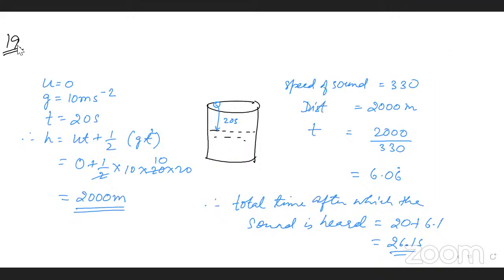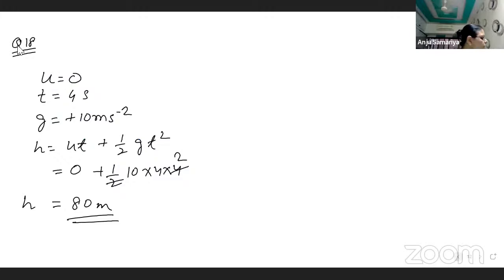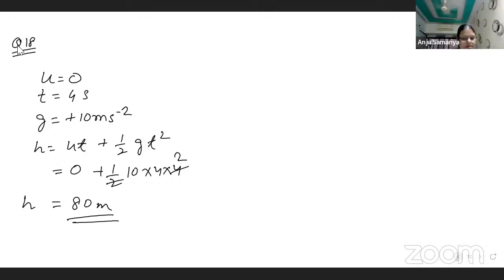Ma'am, I got the 18th answer. Okay. Ma'am, I have also sent you 18. Ma'am, I have sent you 19. Okay, this is 18. Ma'am, I've sent you. Can you please check it if it is right? Yes. Ma'am, in the chat.